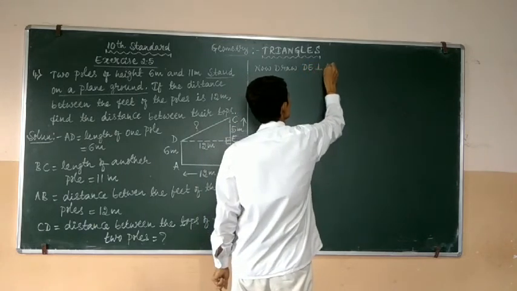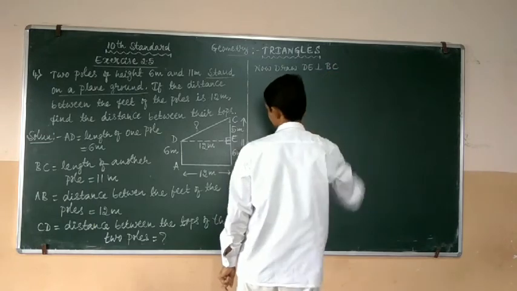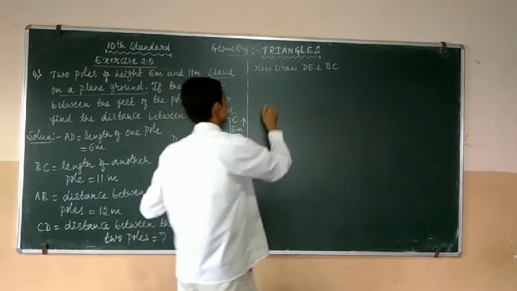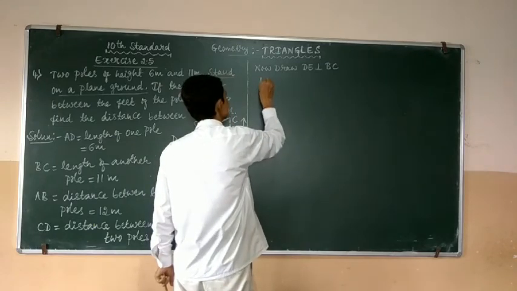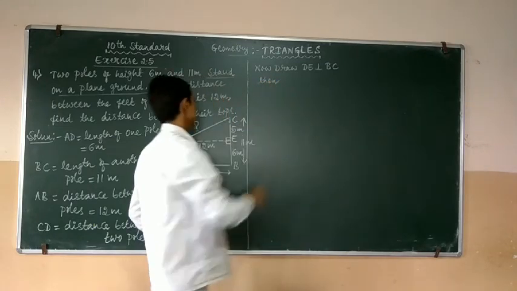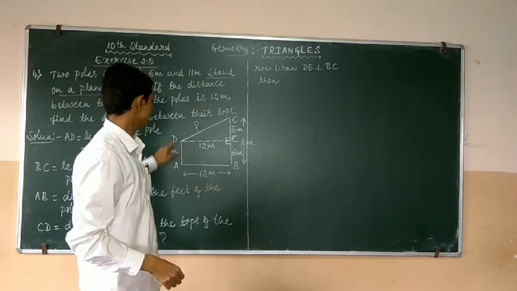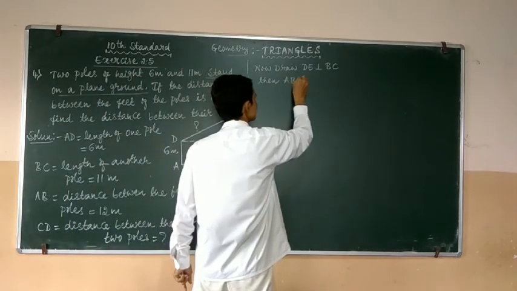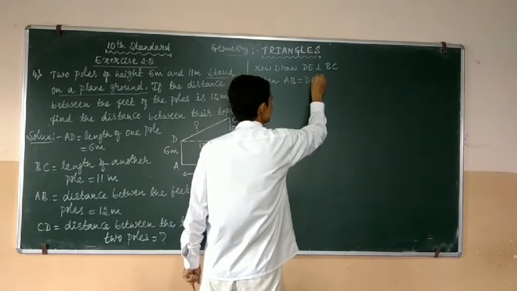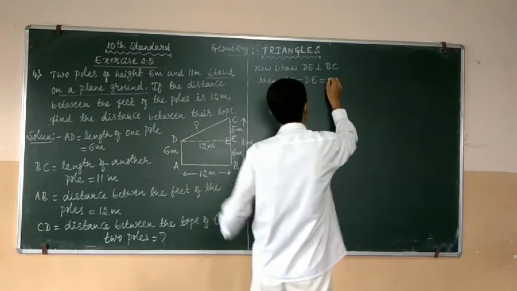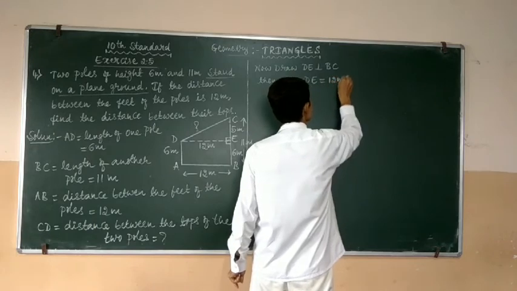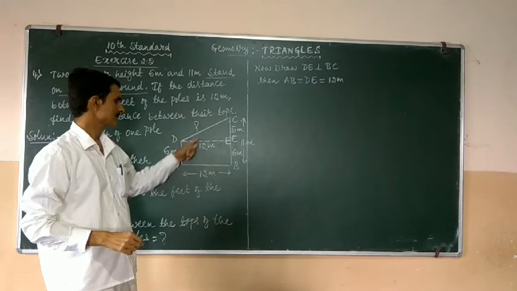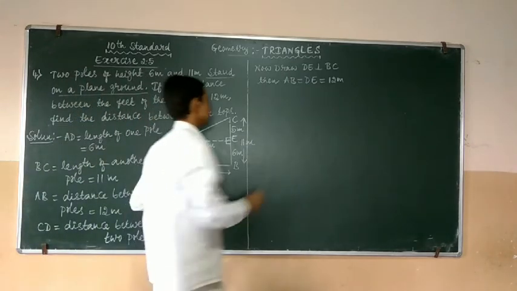Then AB equals DE, which is equal to 12 meter, because these two are the opposite sides of the rectangle.